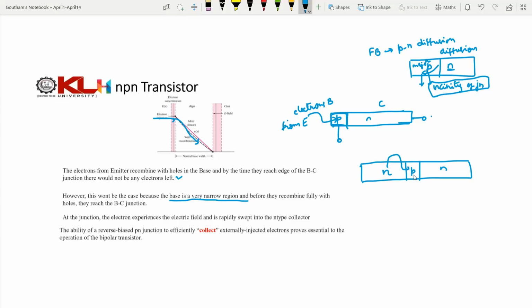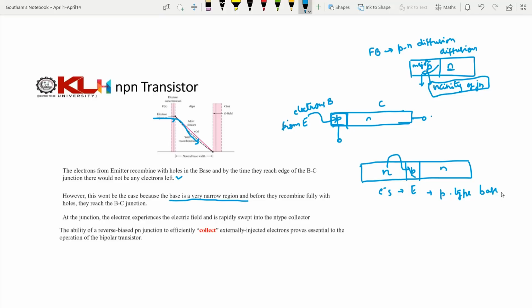But what is happening here, because the base is so thin, before these electrons are completely recombined in the base region, they reach the vicinity of the second junction. Now what is happening, the electrons are coming from the emitter. Usually if it is a PN junction diode, they are supposed to completely recombine within the vicinity of this junction. But what is happening here, because the p type base is very, very narrow.